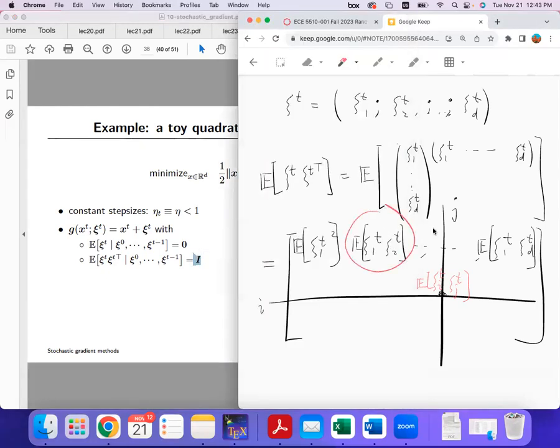All the off-diagonal entries are zero, and that simply means by definition they are pairwise uncorrelated. So the first condition says that this noise vector has zero mean. This is easy to understand. And the second condition says that, considering all the coordinates in this random vector, pick any pair, and these two random variables are uncorrelated. And moreover, each of them has unit variance.